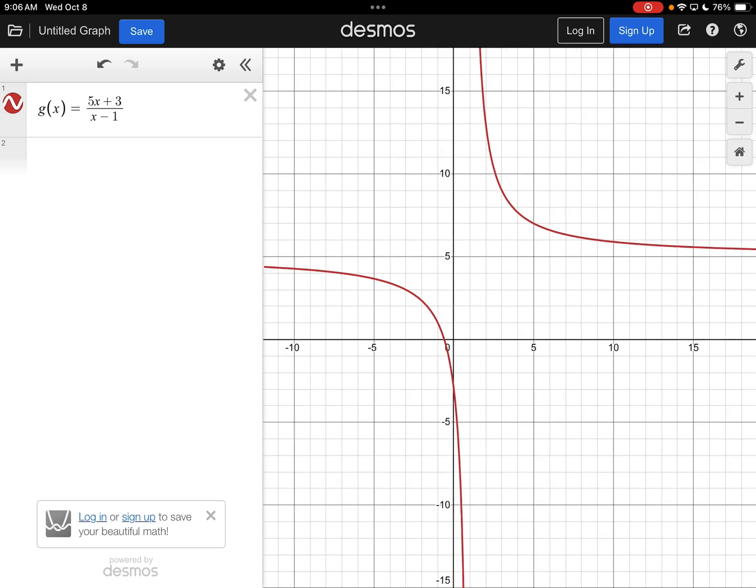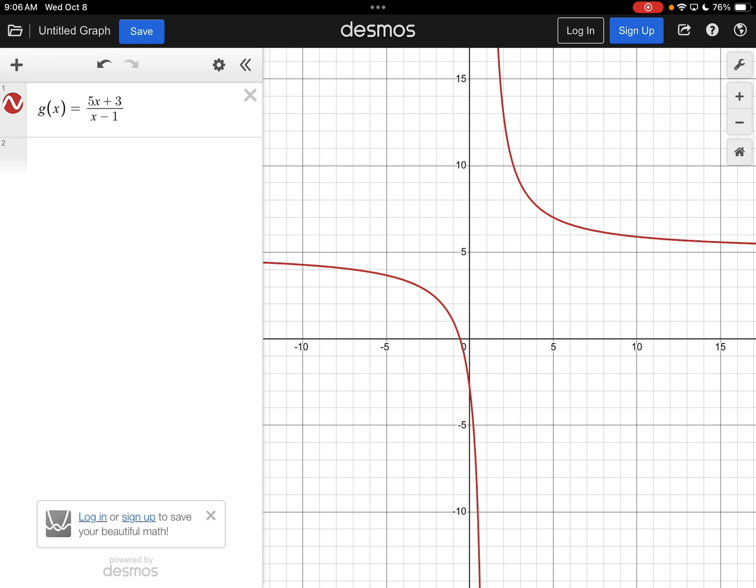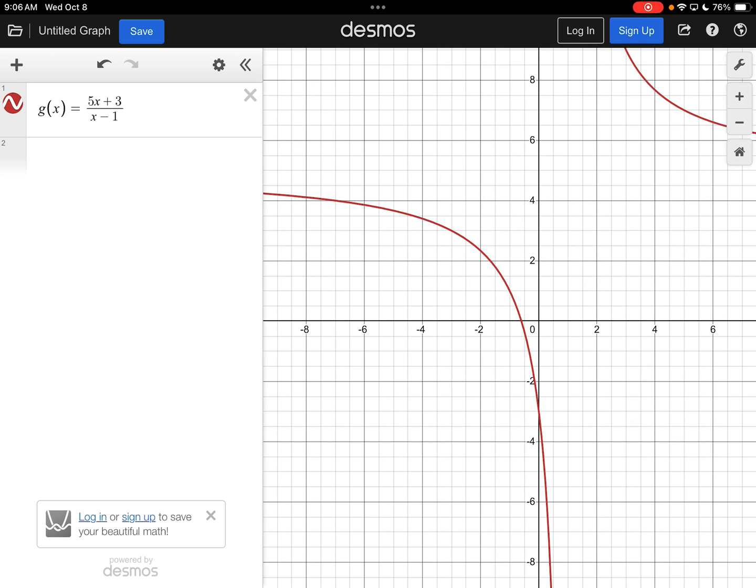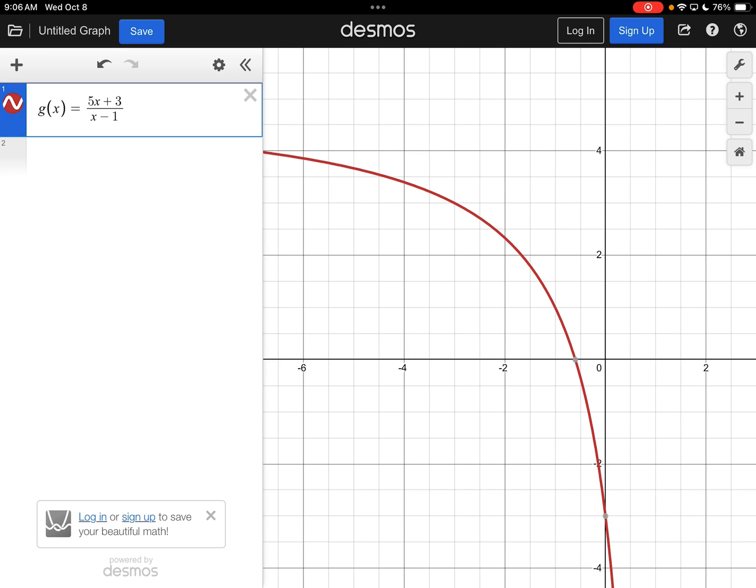So we kind of know that there's only going to be one x-intercept because there's only one x in the numerator. Also, there's a horizontal asymptote at 5. So there's only one opportunity for it to cross, and it's going to cross near the origin. Where it crosses, you can just take your finger or your mouse and tap on that dot.